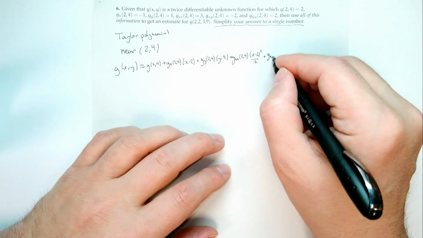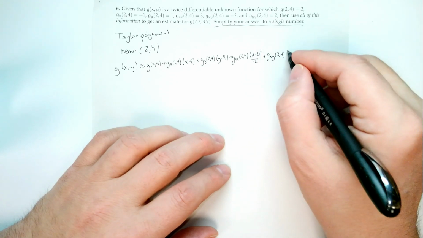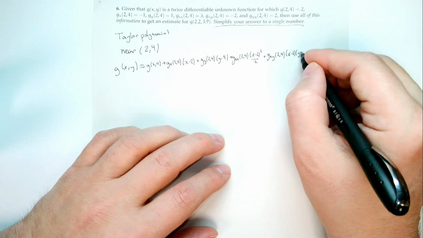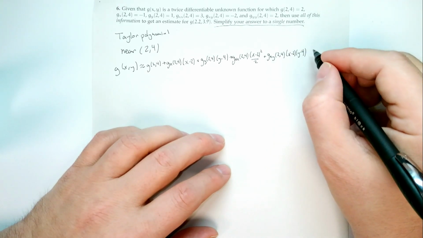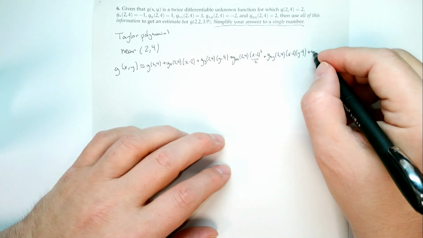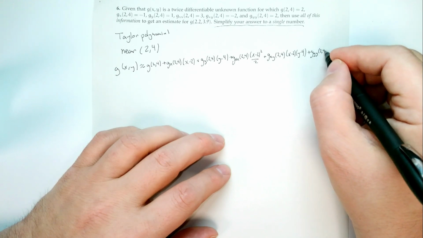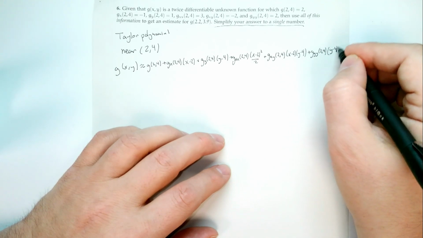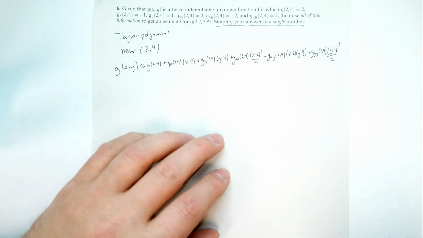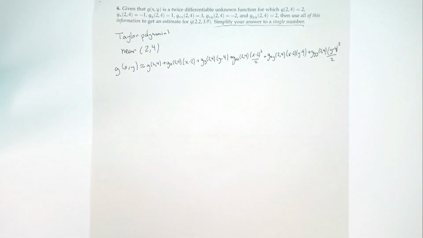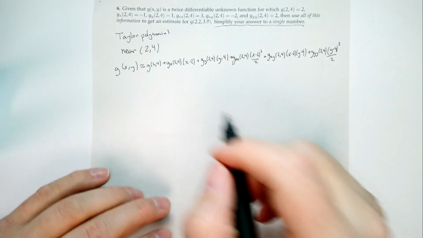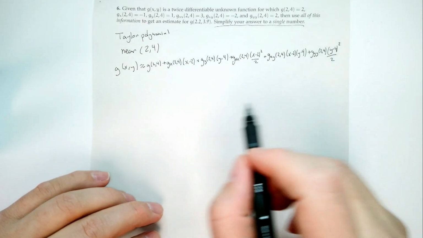Plus g_xy at (2, 4), multiplied by (x minus 2)(y minus 4). And then finally, plus g_yy at (2, 4) times (y minus 4) squared over 2. All right, we fit it in. Good. Now, that uses all of the information.